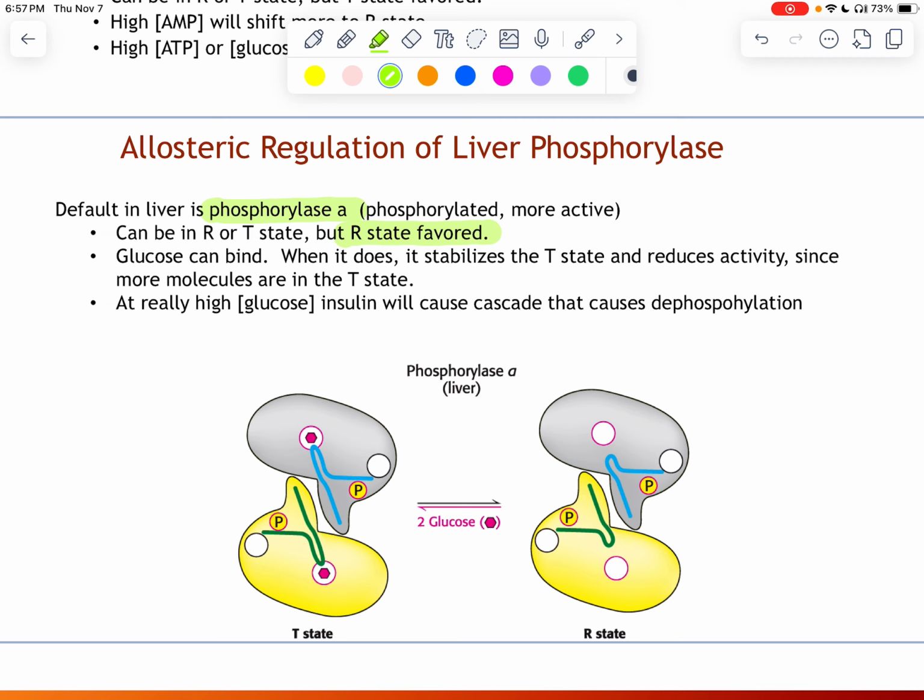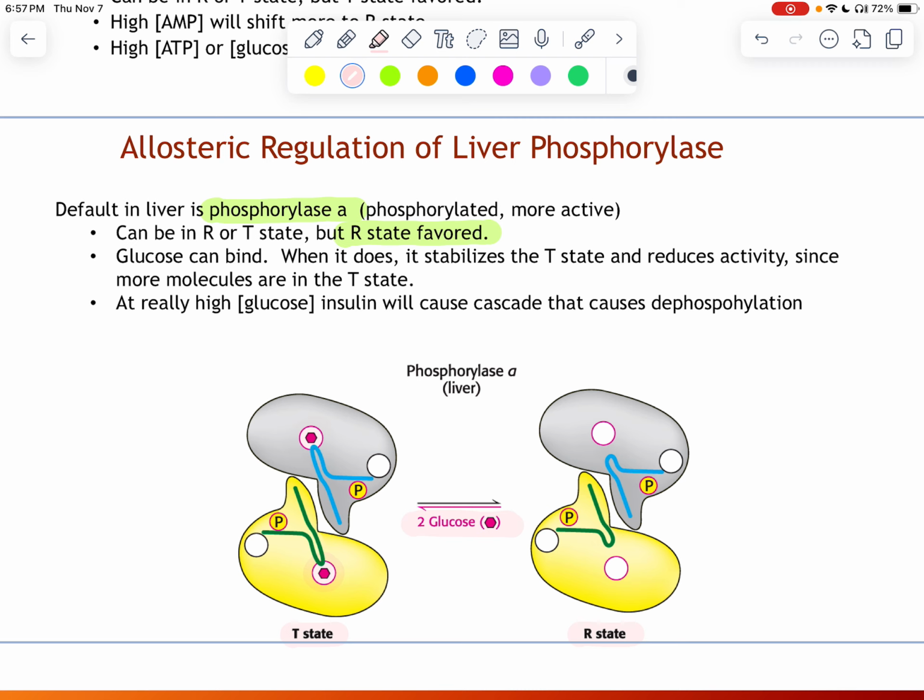Now, we still want to be able to turn that off, and so an allosteric regulator that we're going to see is glucose. Glucose is an allosteric regulator. It can bind to one of the allosteric regulatory sites, and when it does, look at what it does. When it binds, we go from the R state to the T state, so now it is less active. Okay, as it binds, it becomes less active.